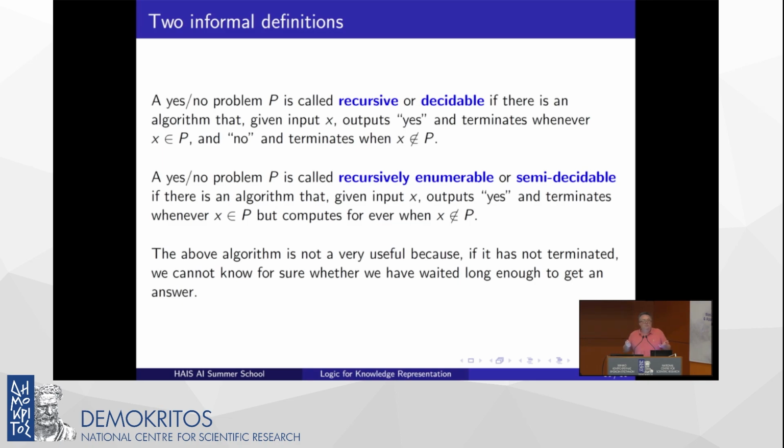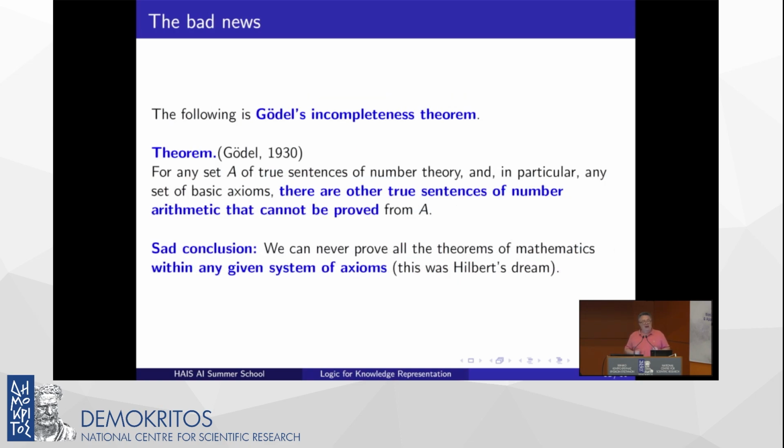So you don't know. Maybe it has gone into an infinite loop. Maybe the next minute it will give you a positive answer. So you don't know. It's a semi-decidable thing. And unfortunately, I'll come to semi-decidable in a minute.